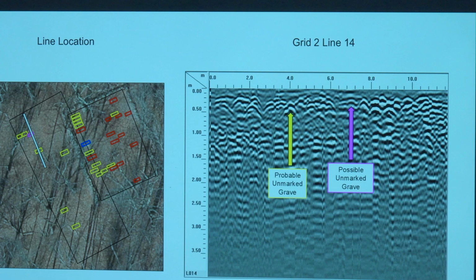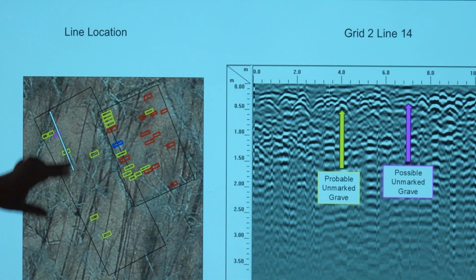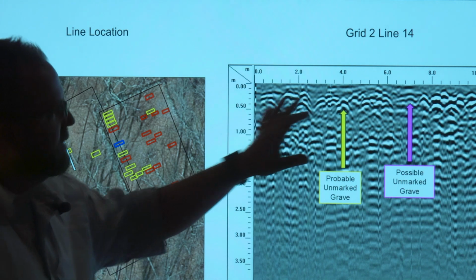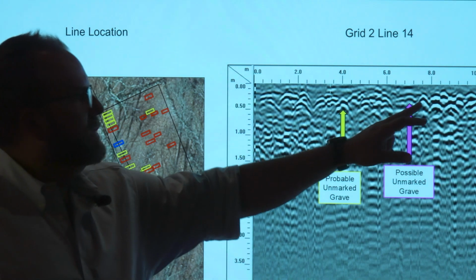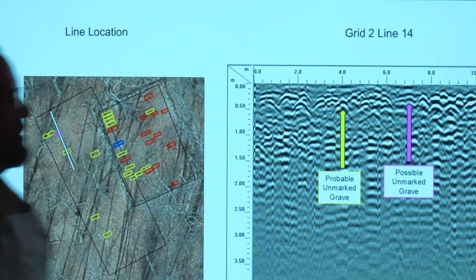Now we're outside of the cemetery. So this profile moves this direction, overlapping some of those crop marks too. Again, there's lots of roots everywhere, so it's difficult to make these judgments, but there's 1 probable, 1 possible. This one, there wasn't a lot that was there, but there was a depression with a crop mark and a faint signature.